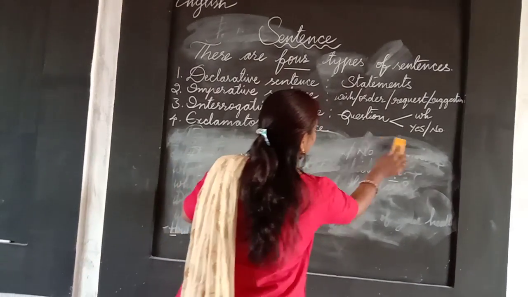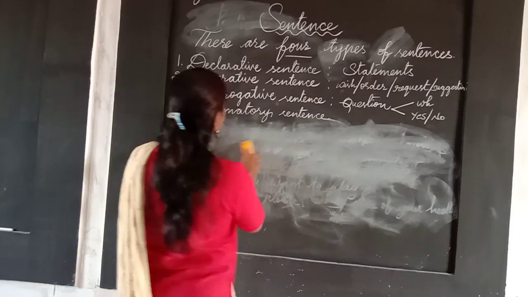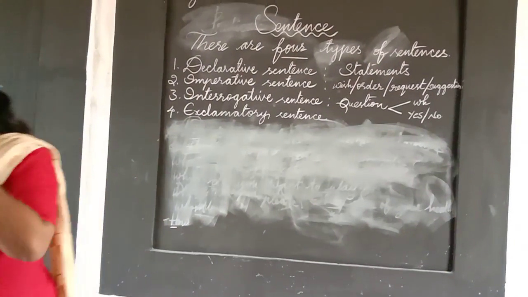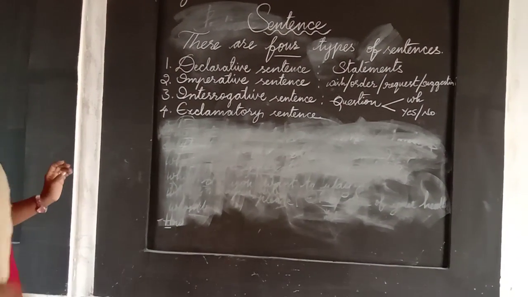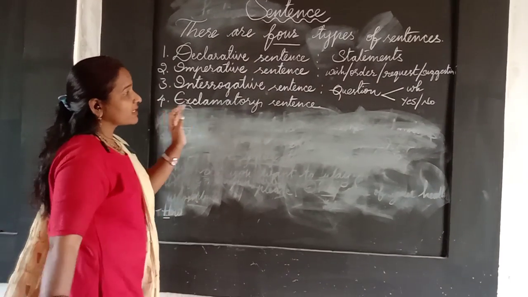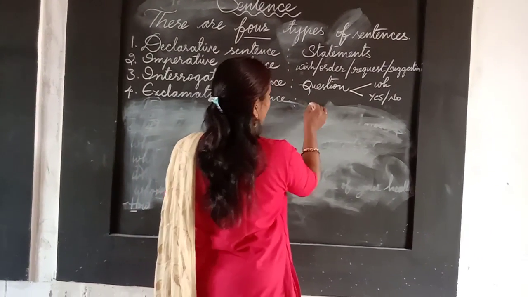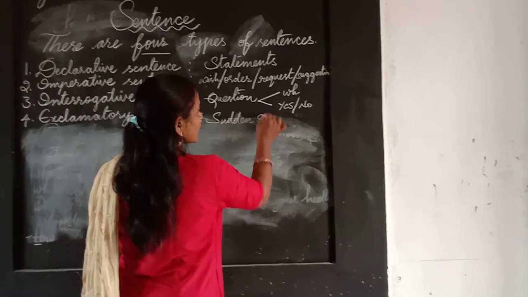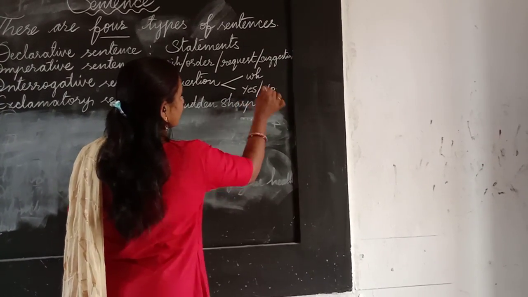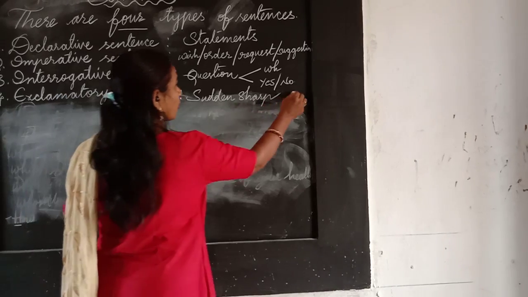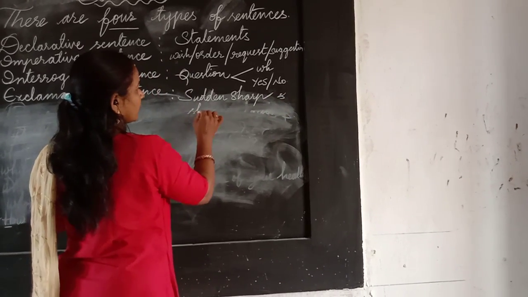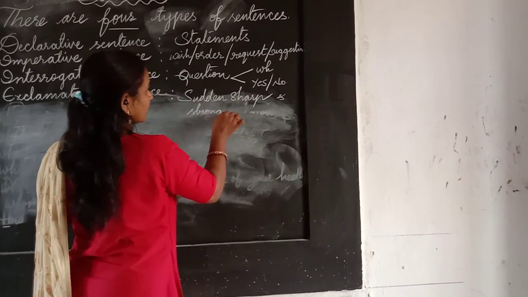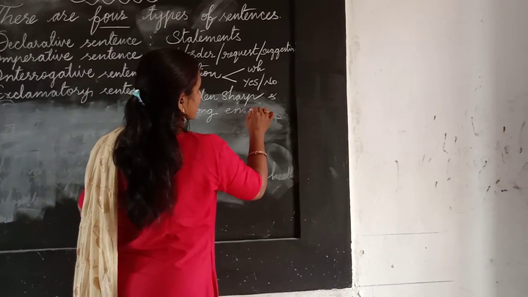See, what are exclamatory sentences? Exclamatory sentences are the sentences which express sudden, sharp, and strong emotions.